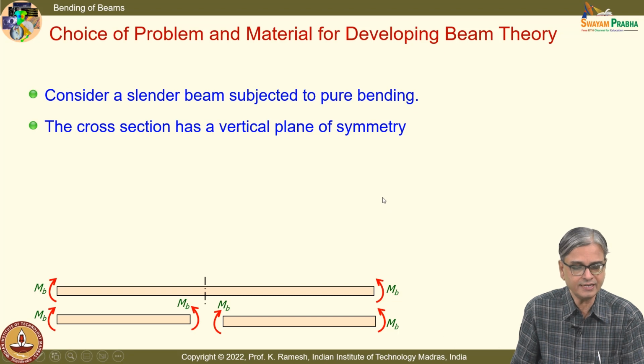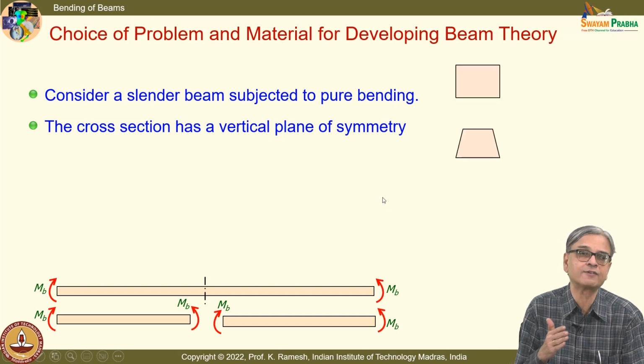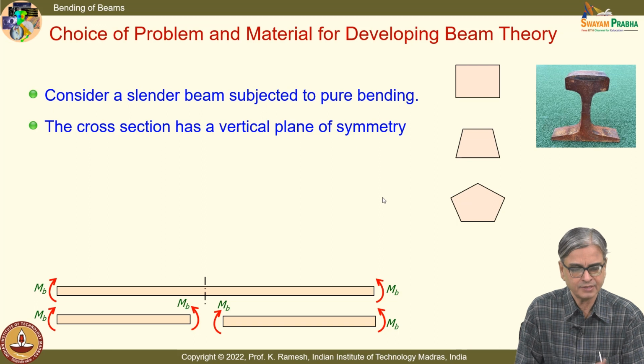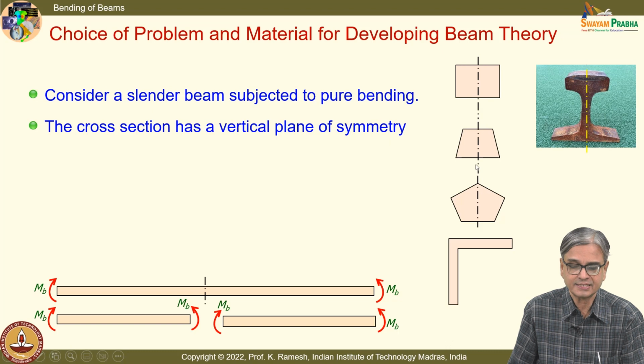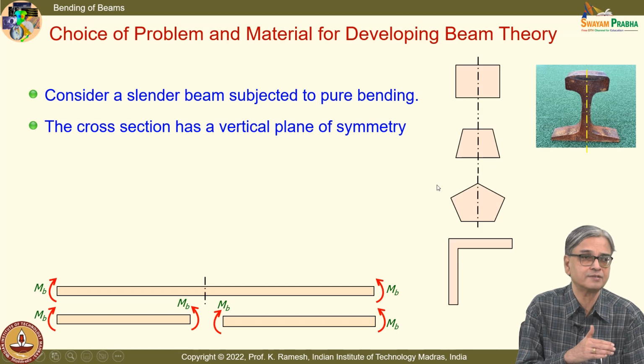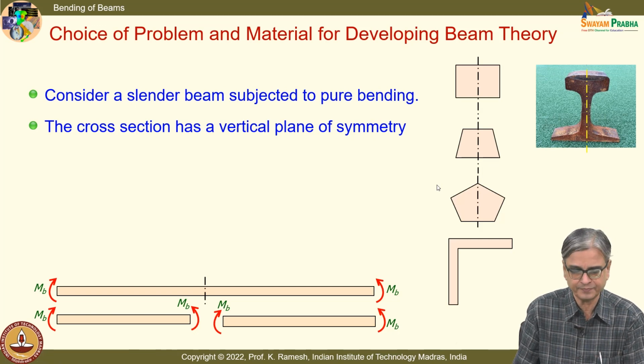And the cross section has a vertical plane of symmetry. I have already said the plane of loading and plane of symmetry should be identical. I could also do it in a horizontal plane. The idea is we would confine our attention to sections that have a symmetry about this axis. This also has a symmetry. So, in a sense, it is much more relaxed than what we had looked at for the case of torsion.